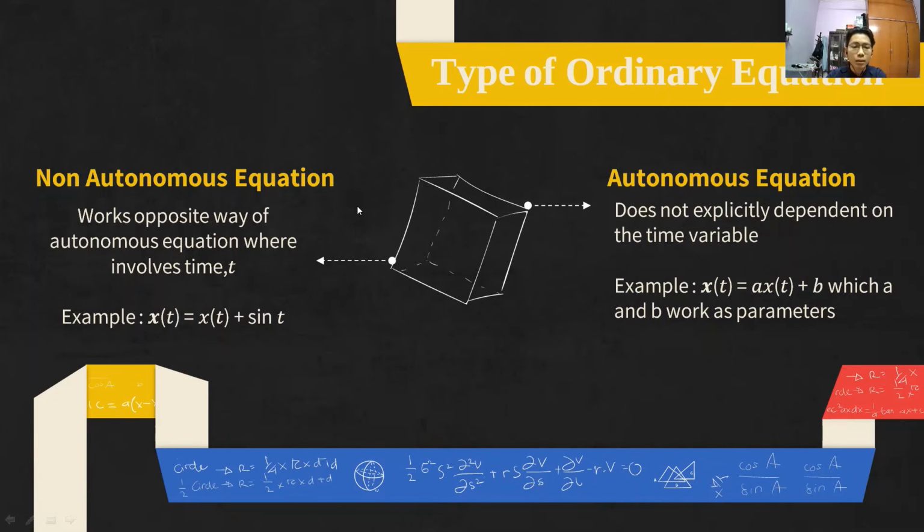Next, the non-autonomous equation. A non-autonomous equation works the opposite way of an autonomous equation, where it depends on the time. For example, x'(t) equal to x(t) plus sine t, where current GDP is equal to previous GDP plus sine t. Obviously, t is the main variable here.